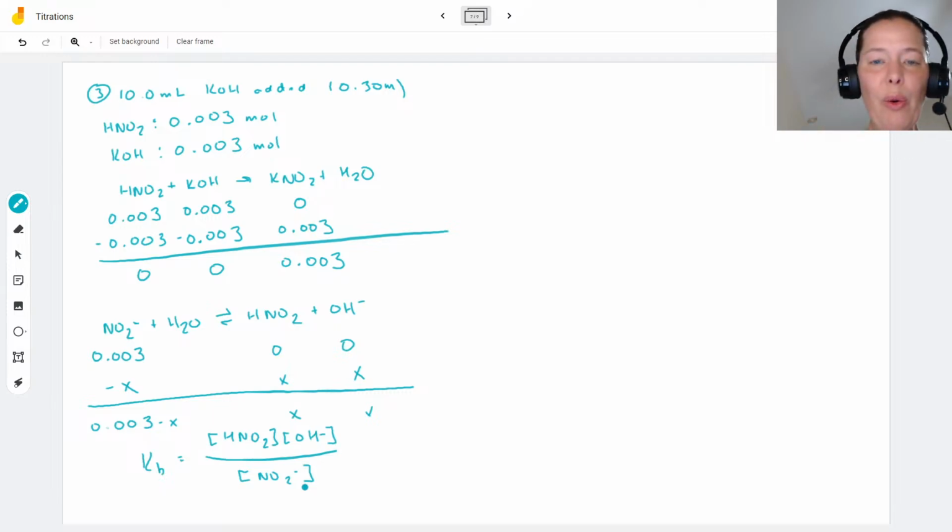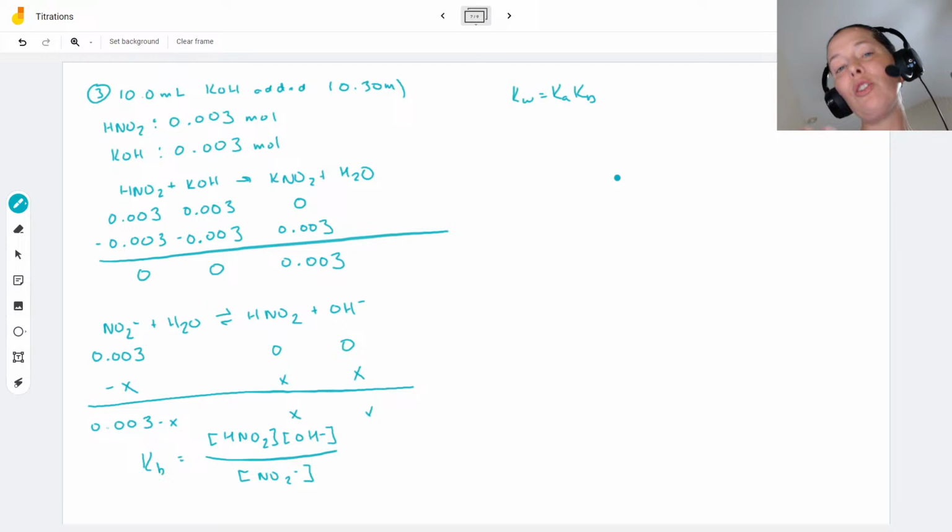All right, so we need to do a little side calculation because we don't have a Kb. We only have the Ka for nitrous acid, but these are conjugate pairs. So that means that Kw is equal to Ka times Kb. Because we have the Ka for nitrous acid, we can calculate the Kb for nitrite.